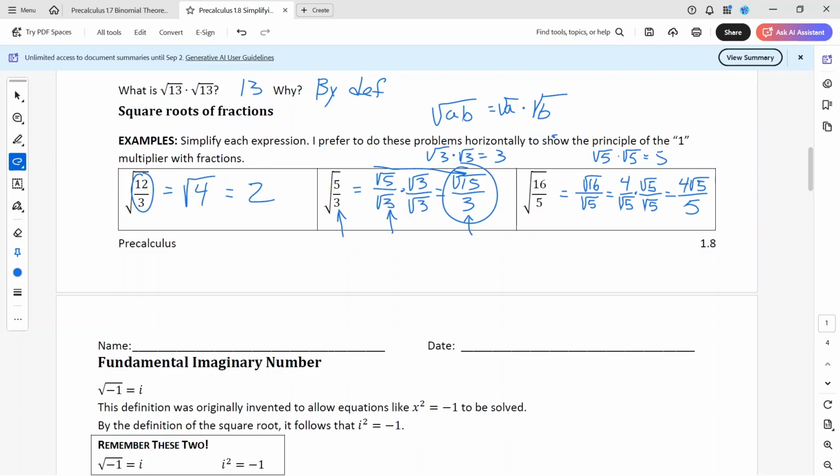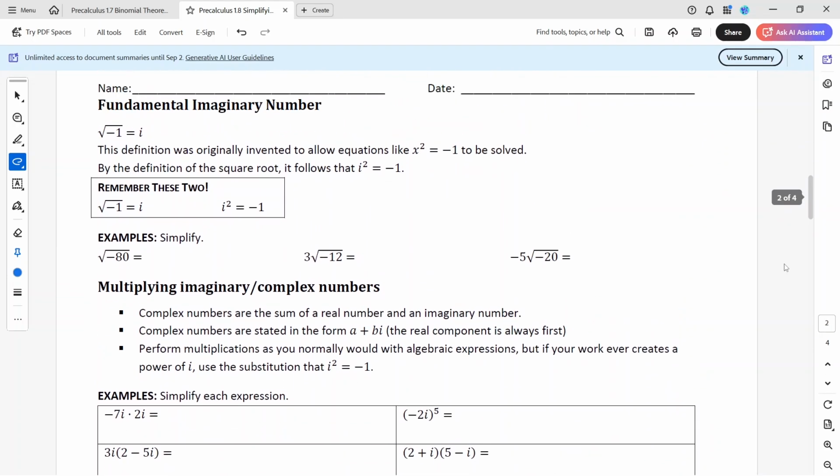Now, in Algebra 2, you learned about the fundamental imaginary number. The fundamental imaginary number was introduced probably about 4 centuries ago to allow solutions to equations like this. And initially, scientists and mathematicians thought that the people that came up with this were stupid.